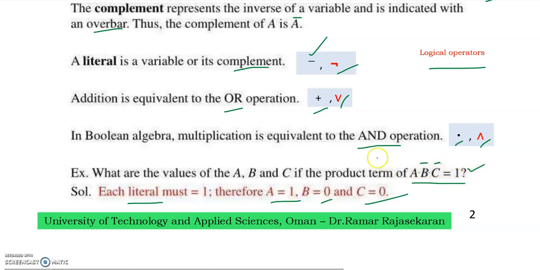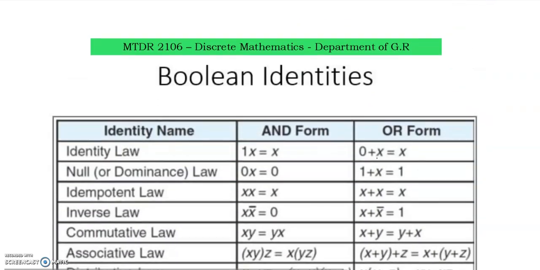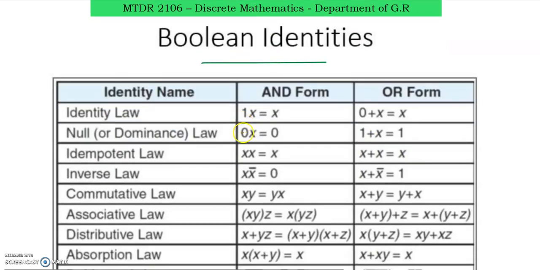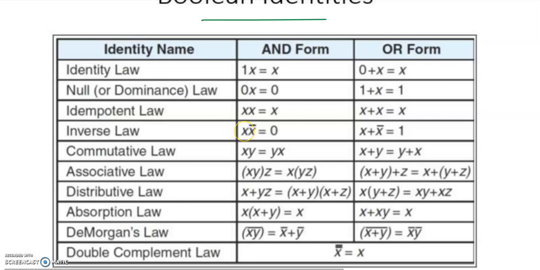That's it. Now we see a few Boolean identities, or we can say Boolean laws. Here we have different Boolean identities or laws for the operators AND and OR. AND is nothing but conjunction, OR is nothing but disjunction. We can say AND is the product, and OR is plus.